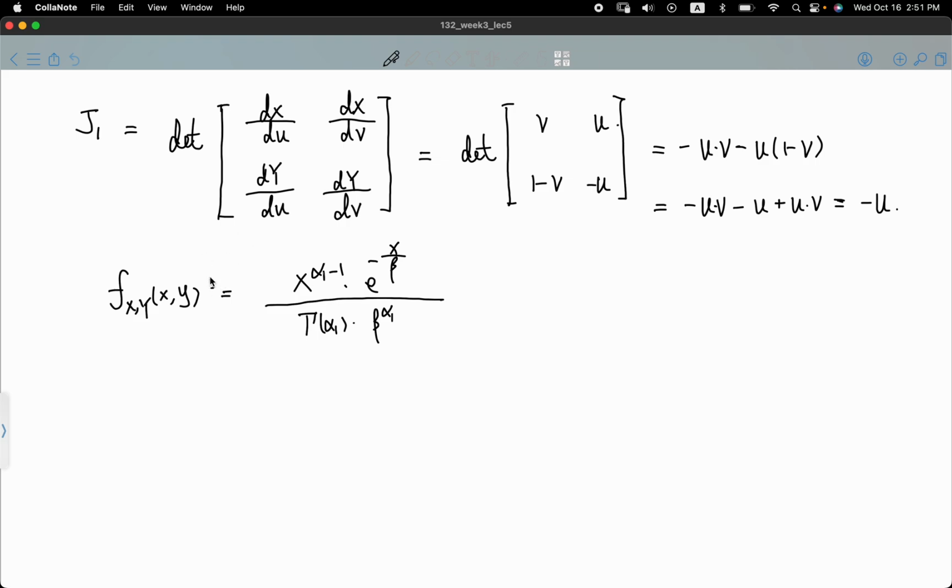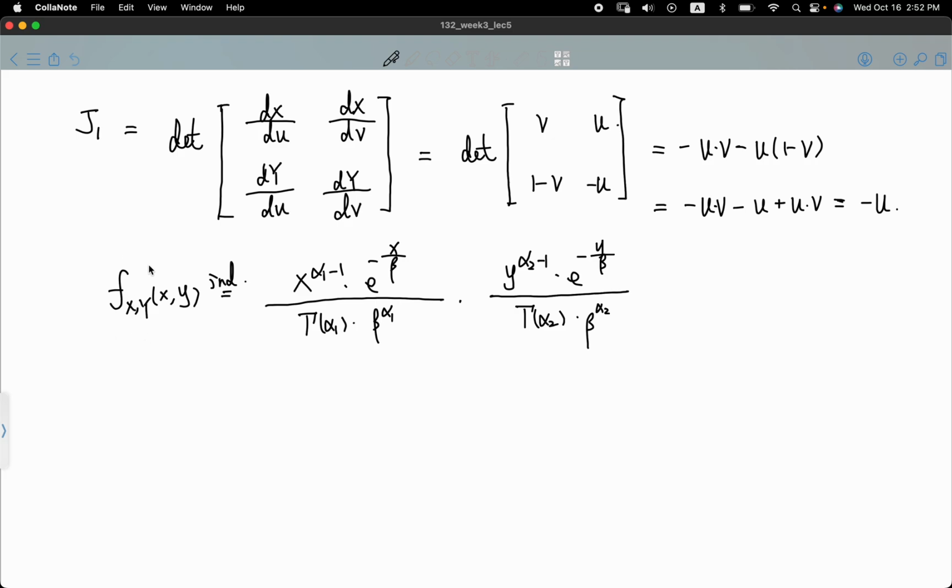And also, because they are independent, you can write it as the marginal of x multiplied by the marginal of y. So y to the power of alpha 2 minus 1, exponential of negative y over beta, and then gamma of alpha 2, and then beta to the power of alpha 2. Okay, so that is the joint distribution for x and y.